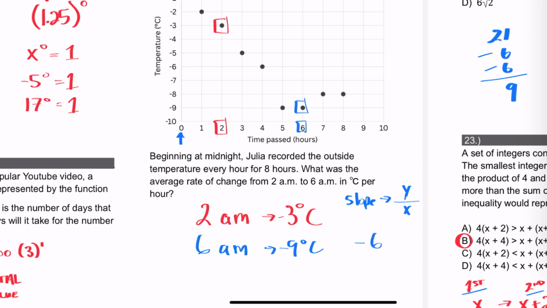So that -3 down to -9 was -6 degrees over the course of 4 hours. Okay. And if we simplify that in degrees Celsius per hour, -6 divided by 4 is -1.5 degrees Celsius per hour. And that's that.